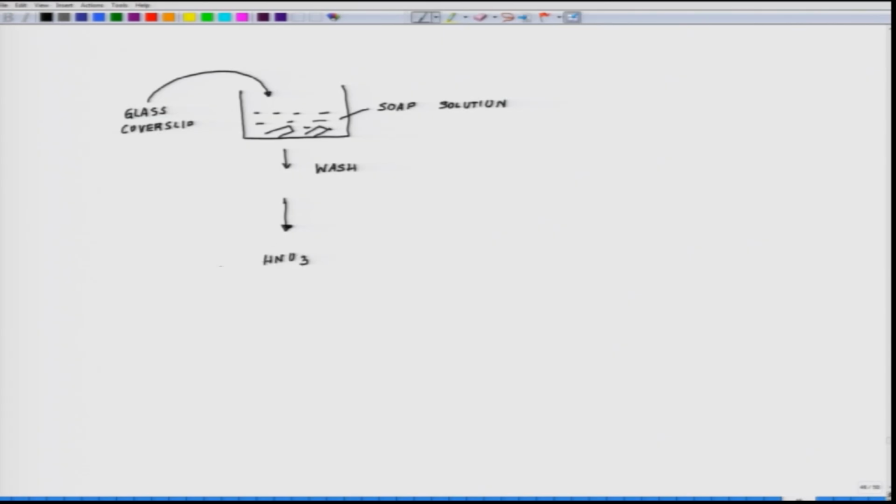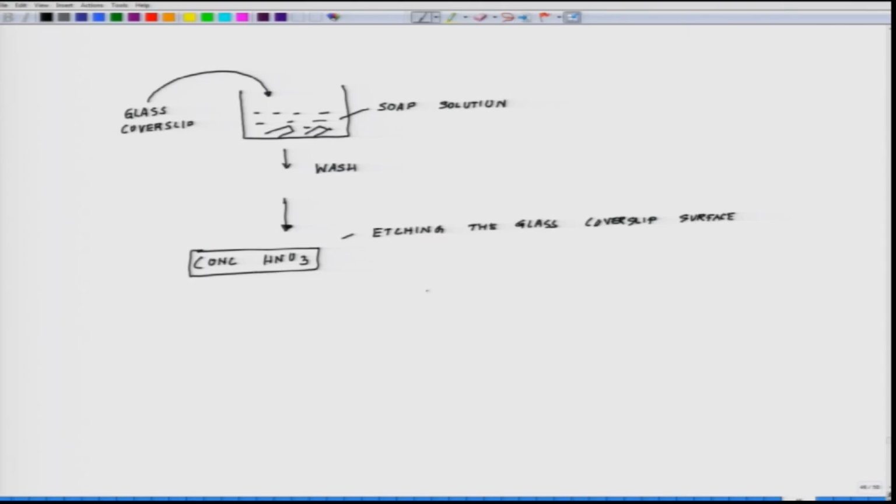concentrated HNO3. This is where you are really etching the glass coverslip surface. So you actually make it slightly rougher than normal.